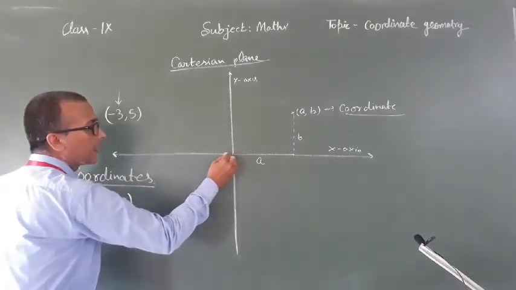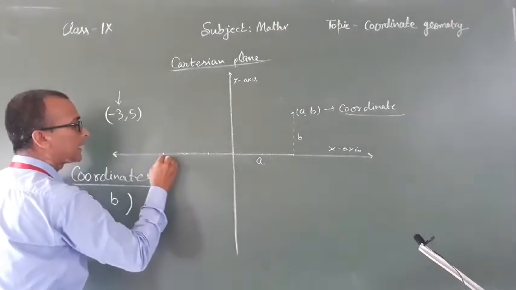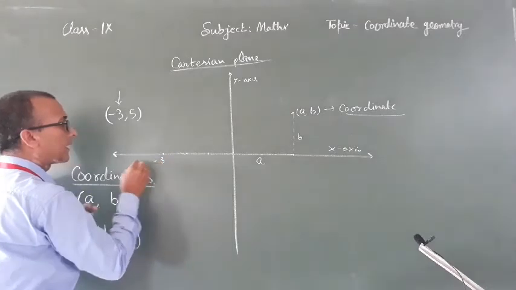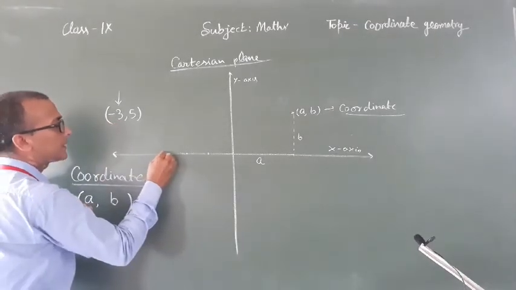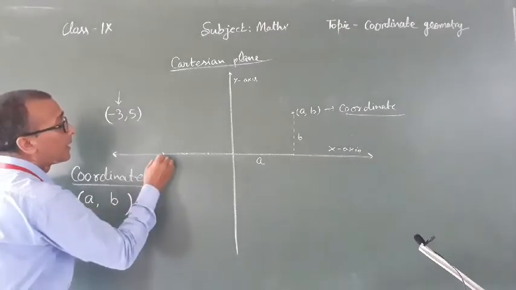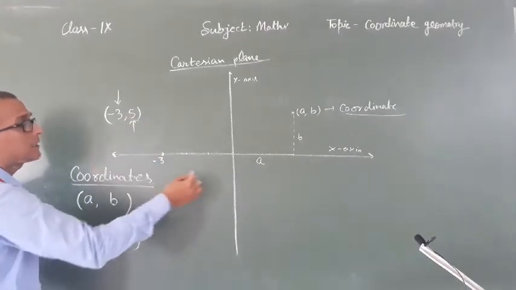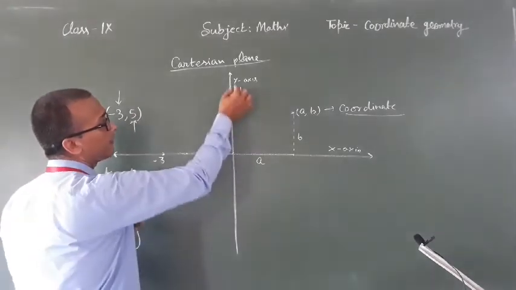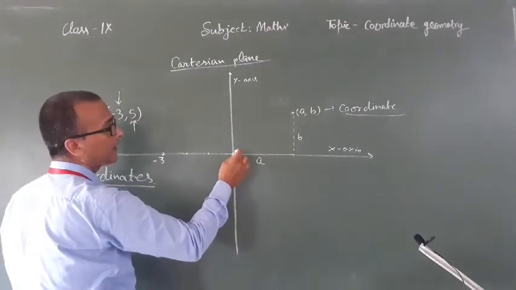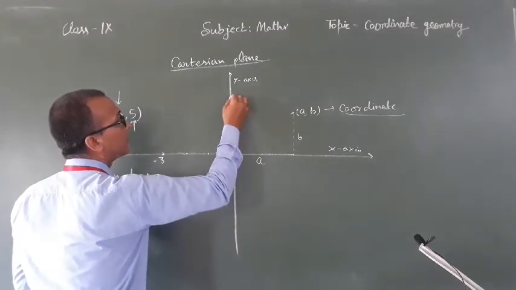The origin is here, and here -1, -2, -3. It is on the x-axis, the distance from the origin is -3, and 5 is the distance from the origin on the y-axis or ordinate. 1, 2, 3, 4, 5.